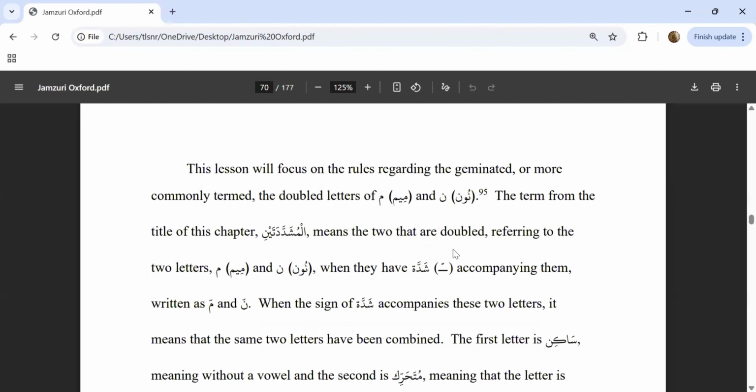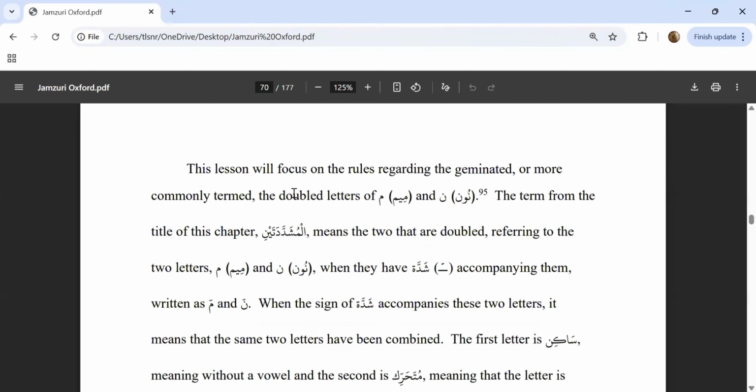Sometimes when they translate this particular rule, they will translate it as the germinated, or what we often hear is when we double the letters.